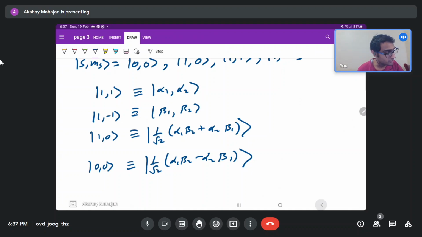And this, as discussed, is our triplet. They have S equals 1 and they are symmetric. And this is our singlet.